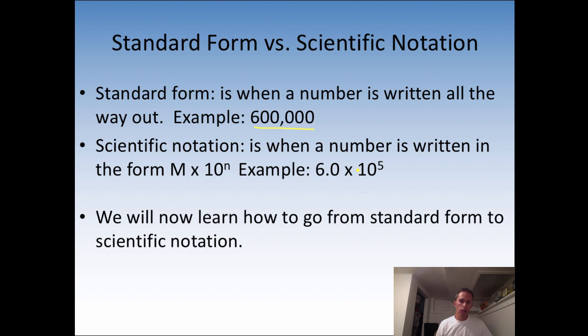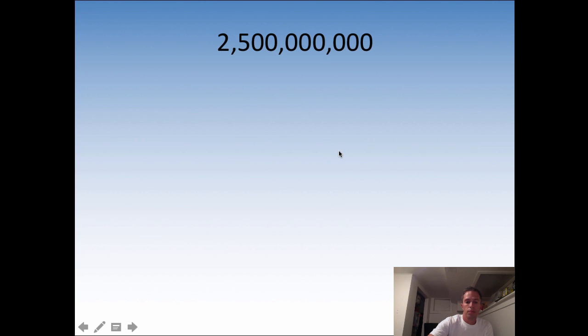We will now learn how to go from standard form and change it into scientific notation. Let's take this number for example, 2,500,000,000. It's written in standard form right now, and we want to convert that to scientific notation.